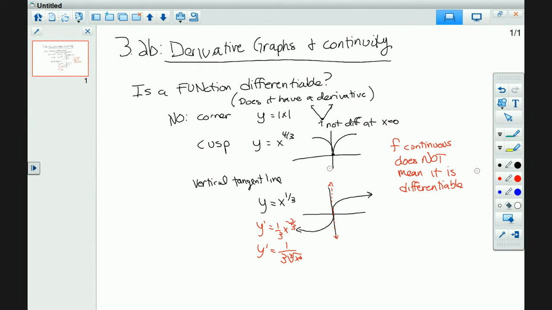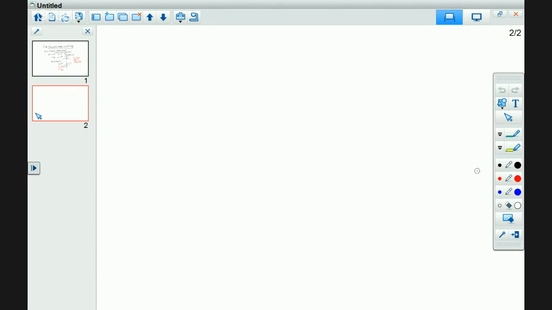Right? Question of the day? Well, yes, if it's differentiable, is it continuous?